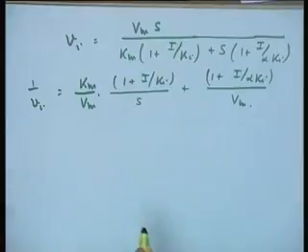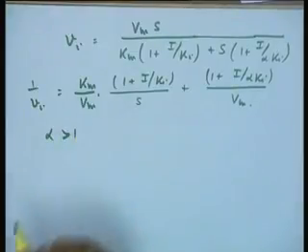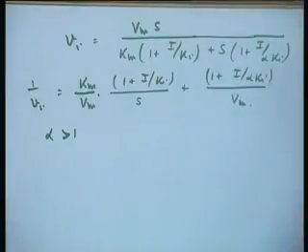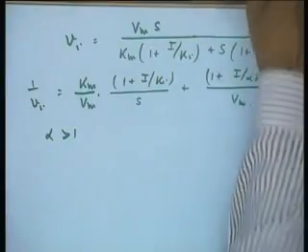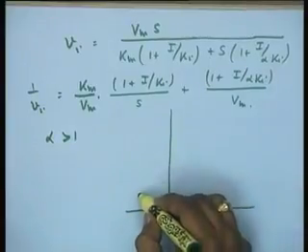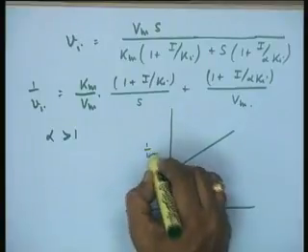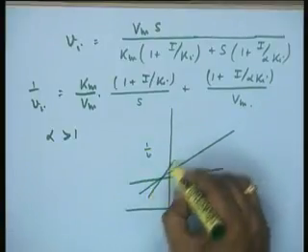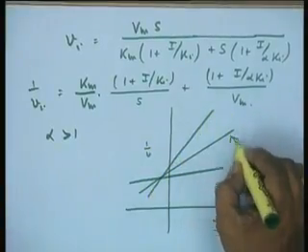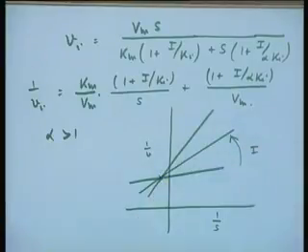And obviously, for cases where alpha is greater than 1, you will get a profile as I showed earlier, that is, the double reciprocal plot of 1 upon S versus 1 upon V at different inhibitor concentrations will intersect at a point on the left hand side of the y axis.